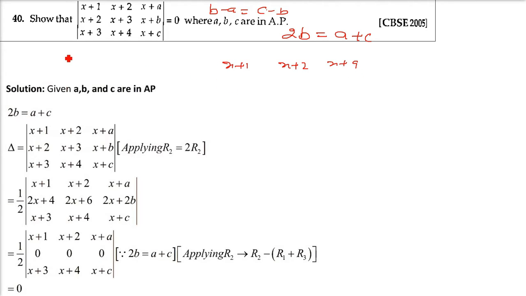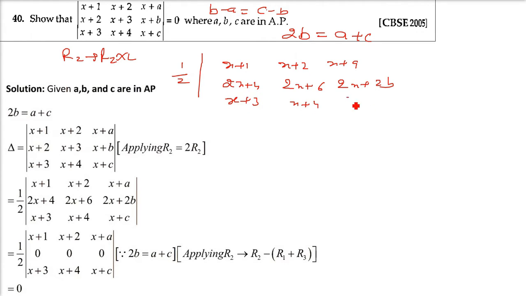Now I am multiplying row 2 by twice, but since we are multiplying with 2, you have to have a half also outside, because you cannot just introduce any number. You have to have a cancellation also. So multiplying, we get 2x plus 4, 2x plus 6 and 2x plus 2b. Then this remains the same: x plus 3, x plus 4 and x plus c.